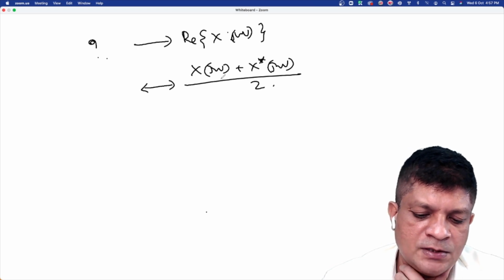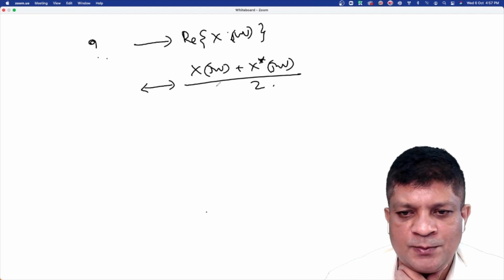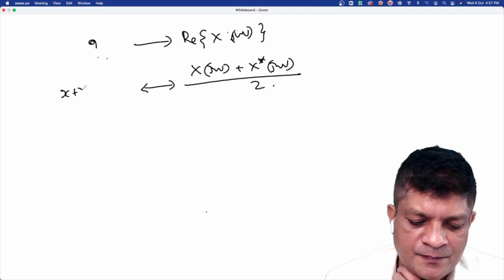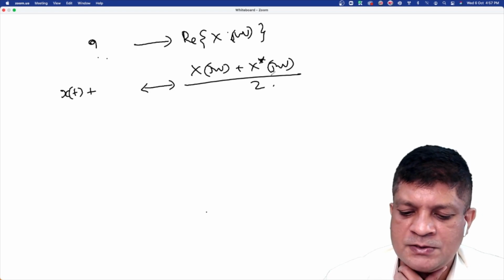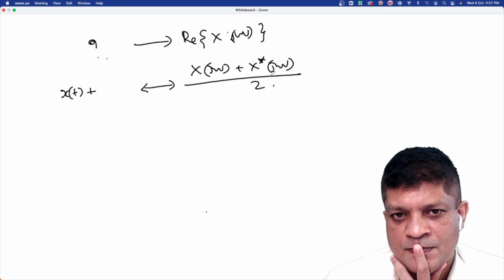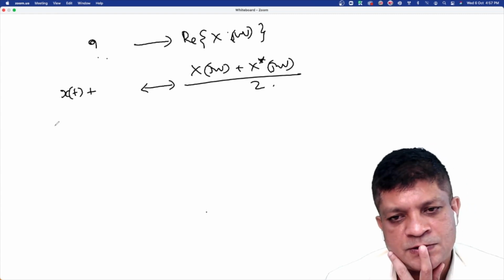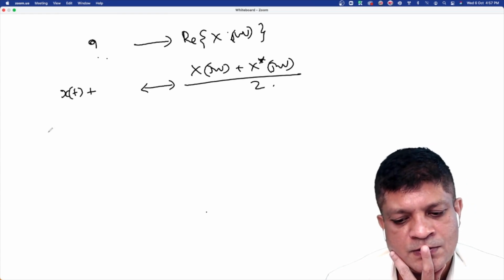Now tell me, what is the inverse Fourier transform of this? What is the inverse Fourier transform of X(j omega)? It is x(t). What is the inverse Fourier transform of X*(j omega)? Sir, x conjugate of minus t. Yes.